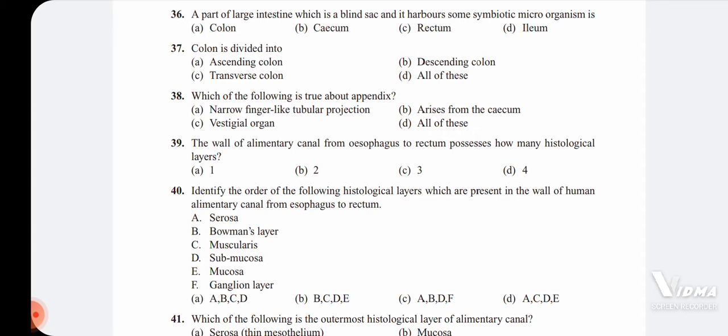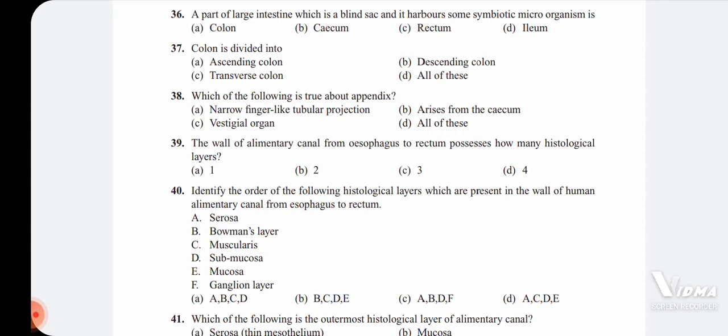So for the 37th question, the answer is all of these. 38th question: which of the following is true about the appendix? The appendix rises from the cecum of the large intestine. From there the vermiform appendix is connected.